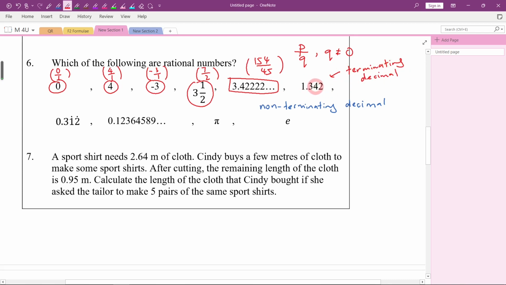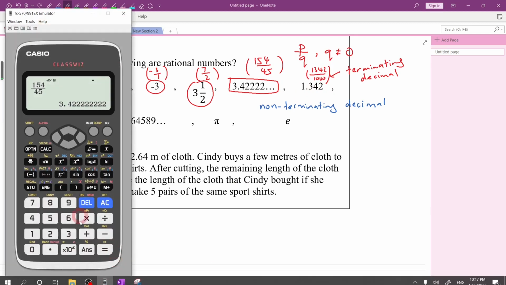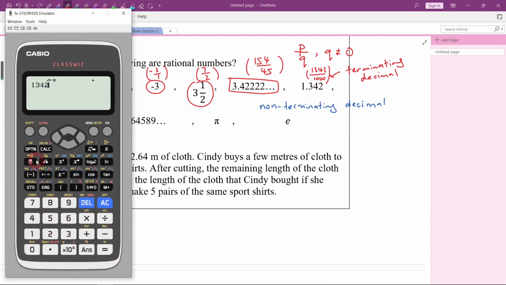How to write this in a fraction form? I think you should have no problem: 1342 over 1000. You can check using a calculator if you are not sure. Change to decimal? Yes, 1.342.